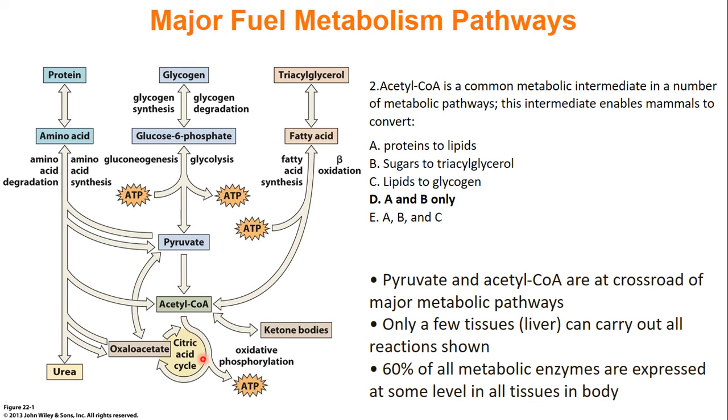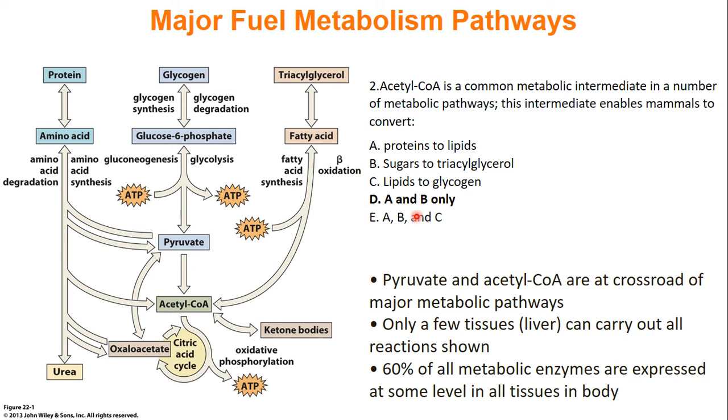Acetyl-CoA goes through the citric acid cycle, becomes oxaloacetate. Oxaloacetate is taken out of the citric acid cycle, made into pyruvate. Pyruvate then goes to glycogen. So it's possible, but we're looking for more direct. So we're going to say no, that's not really possible for us.